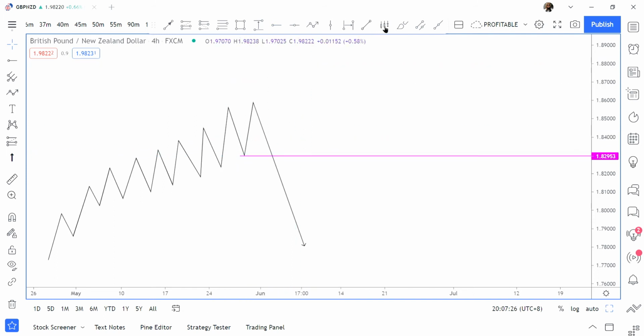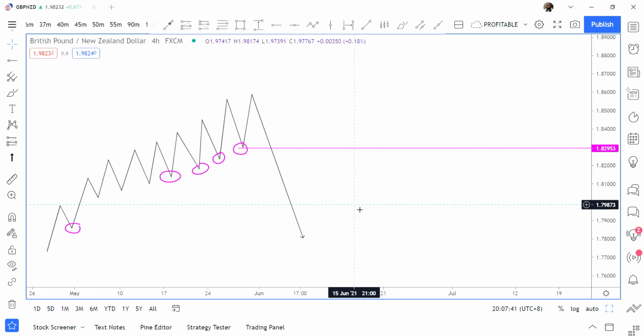Right here, it breaks this swing point, this swing point, this swing point, and this swing point, up until this point. So the more swing points it breaks, the better.